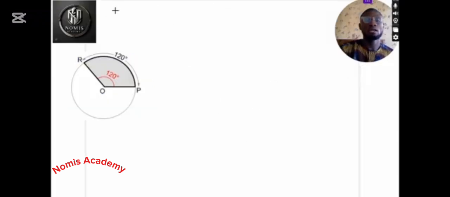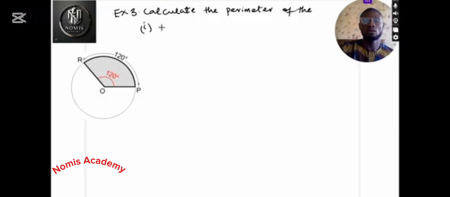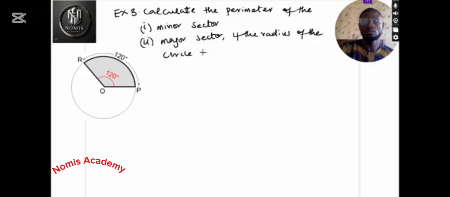Example 3 says calculate the perimeter of the Roman figure 1 minor sector, Roman figure 2 major sector, if the radius of the circle is 12 centimeters.